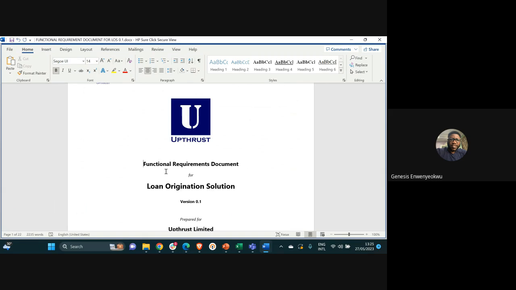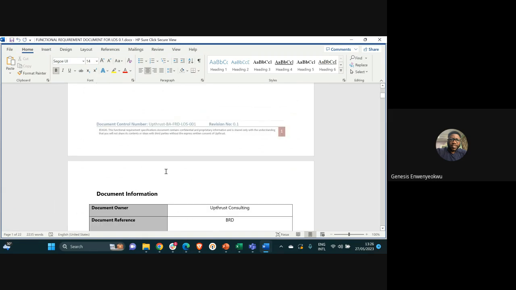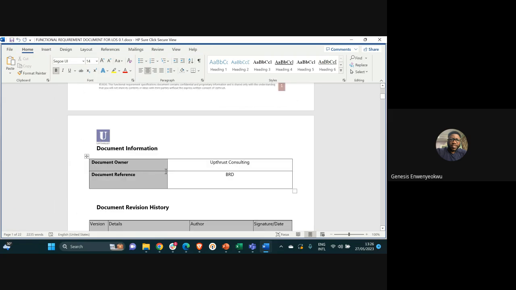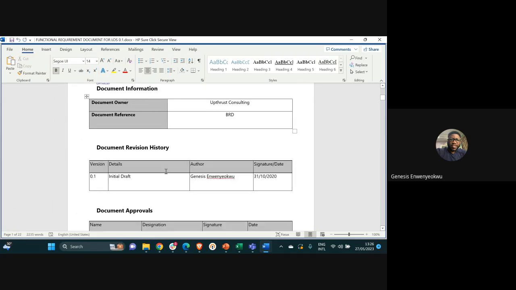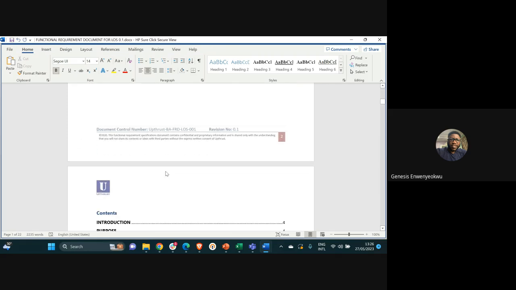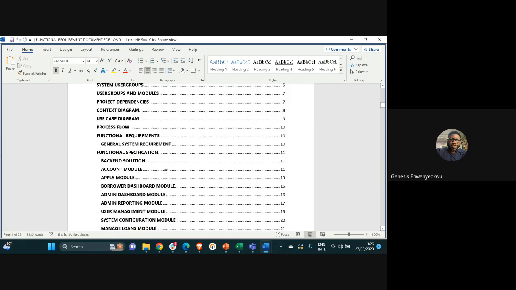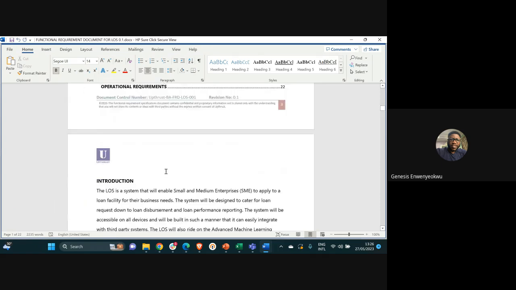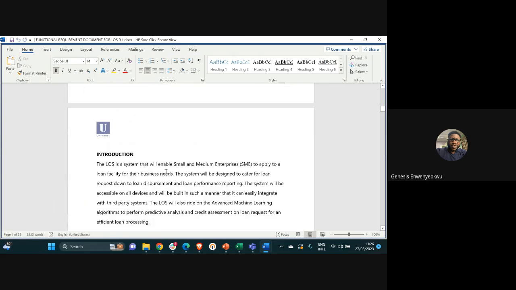So let's start. You still have the same preliminary pages for document information, revision history, and document approval. Then you have a table of contents, and then you go into the main document itself with the introduction, where you introduce the solution. Now in your BRD, you are speaking to business stakeholders.